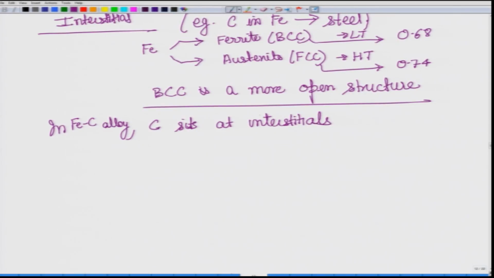Then one would be inclined to say that since BCC is a more open structure and carbon can go in both FCC and BCC, carbon should prefer BCC, and carbon solid solubility should be higher in BCC.